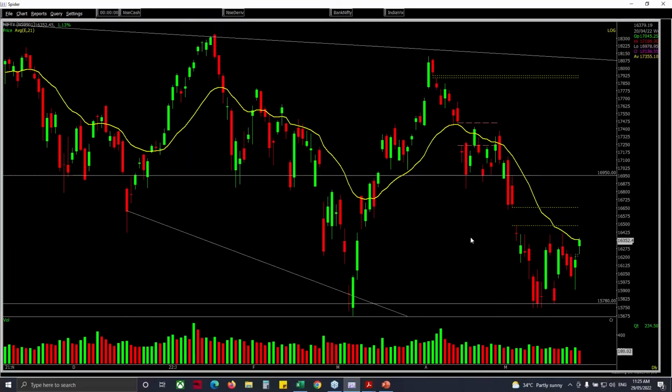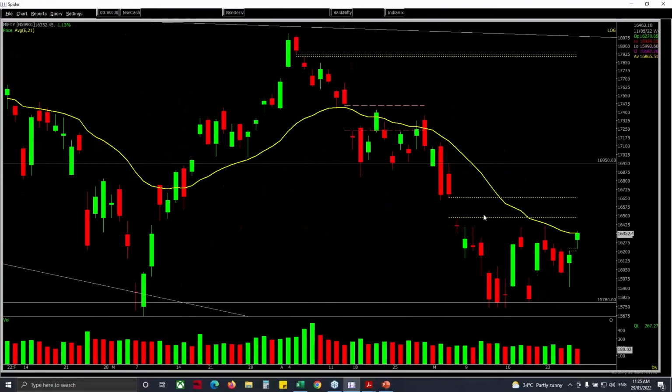Any further up move that is to be expected should be above, or once we go above this 21 days moving average. If we retest this zone, then we might spend a few more days in this consolidation till we get a close above the exponential moving average on daily charts.